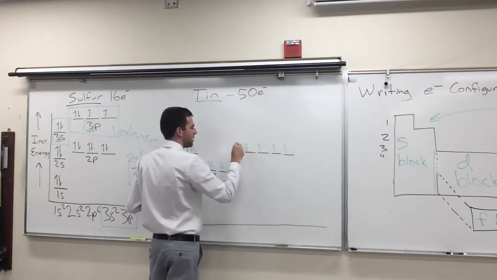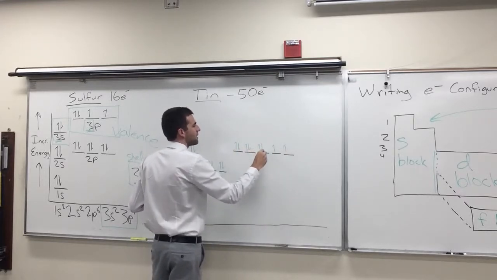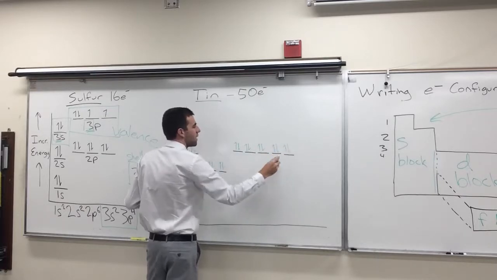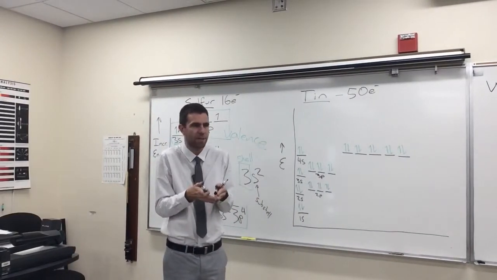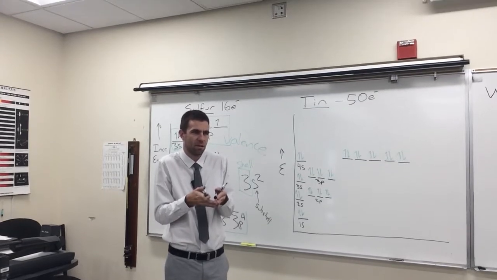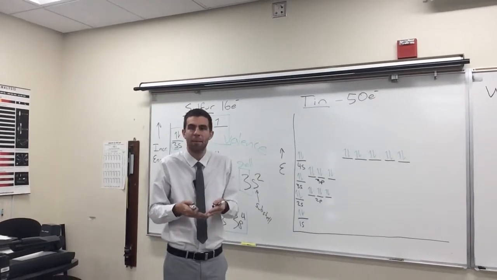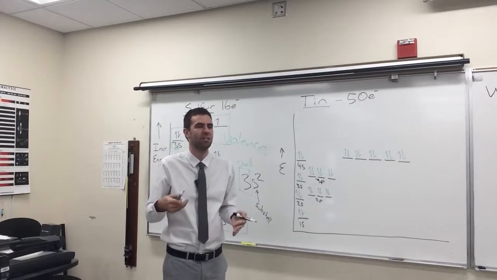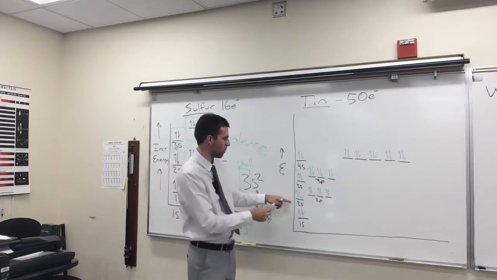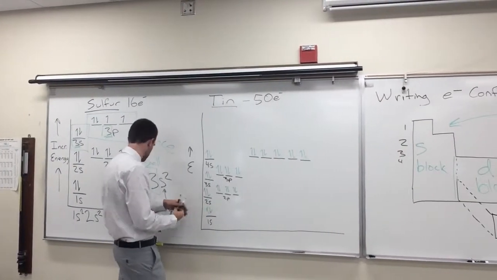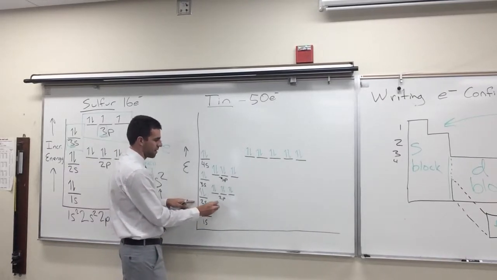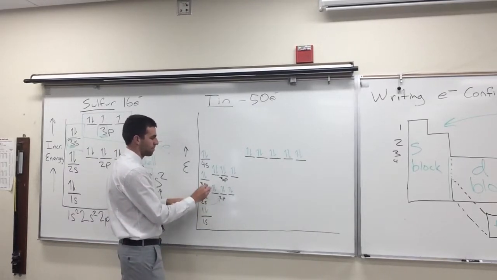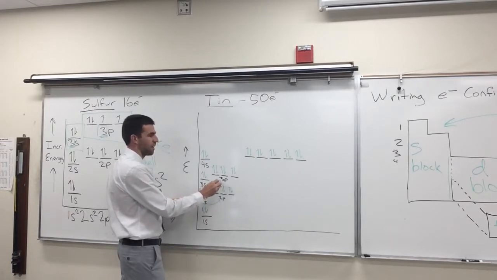It fills the highest energy first. Now, what did I say about orbitals? When you're cramming more electrons into these really tight orbitals, what happens? It's harder and harder to fill them up. So d is higher energy, right? It goes s, and then what's higher energy than s? p, right? You guys see it? It goes s, and then p is higher energy. Right? 3s, 3p is higher energy.